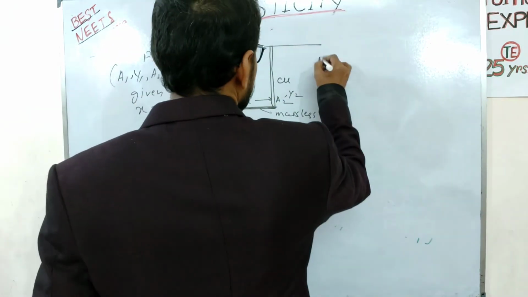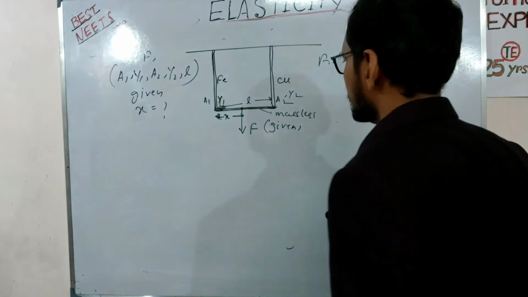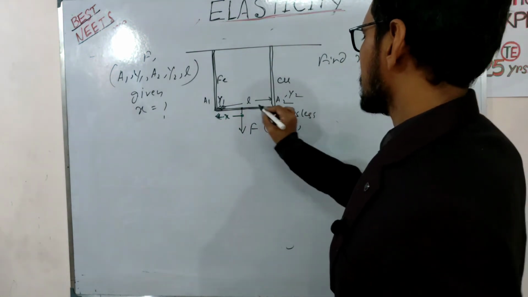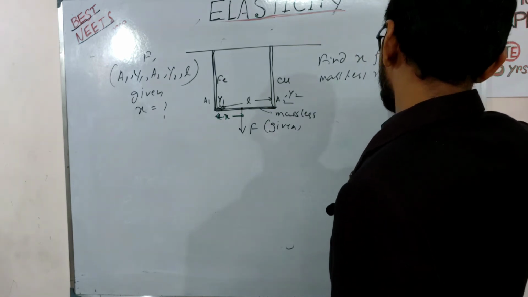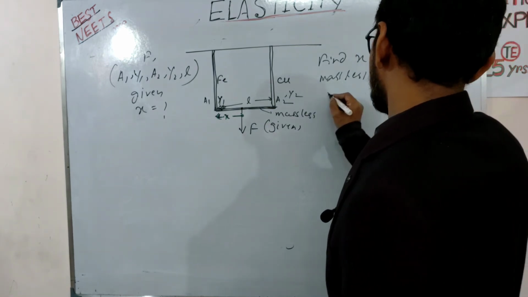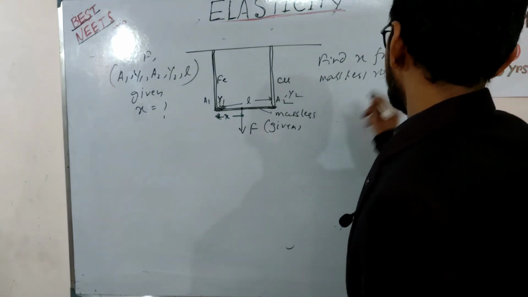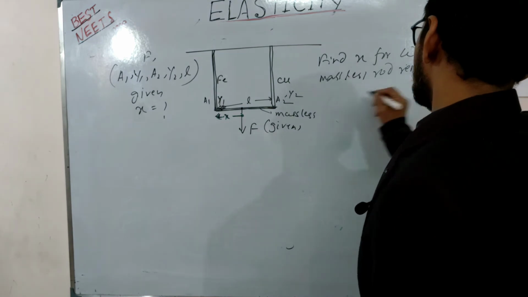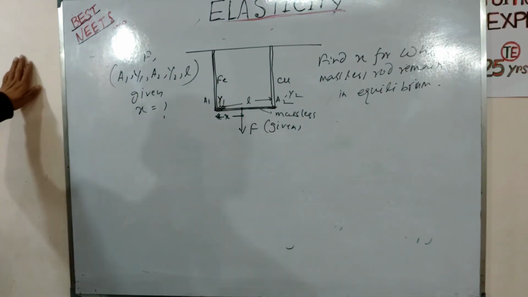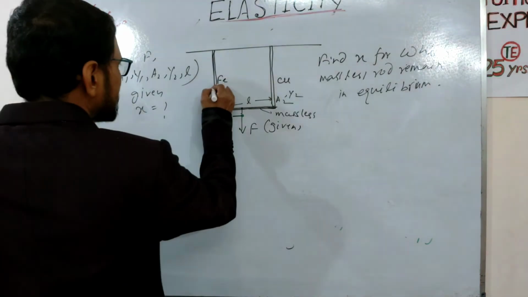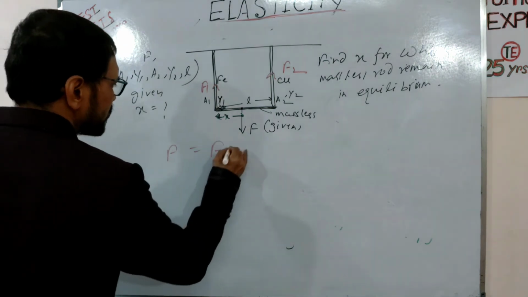The question is to find x for which this massless rod remains in equilibrium. To solve the problem, suppose the force acting here is F1 and the force acting here is F2. So the force P equals F1 plus F2.